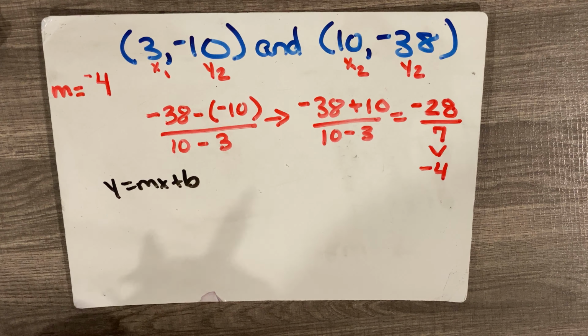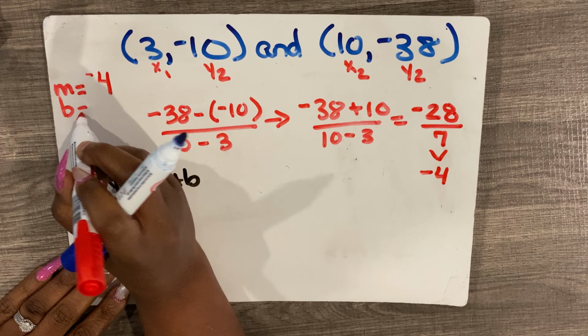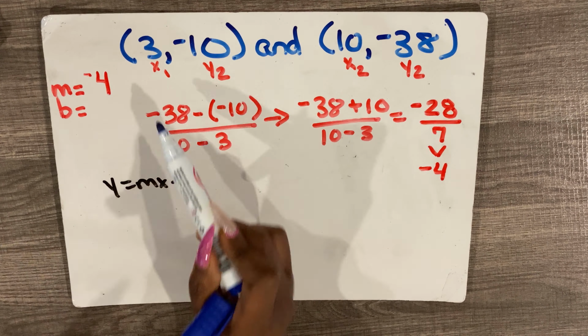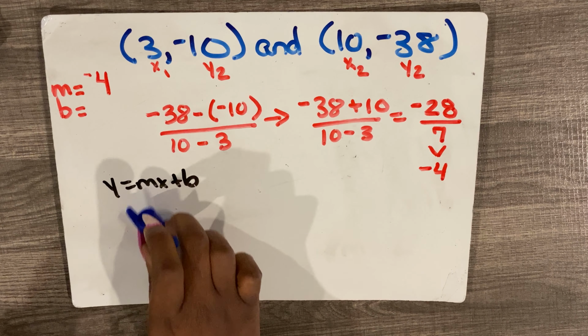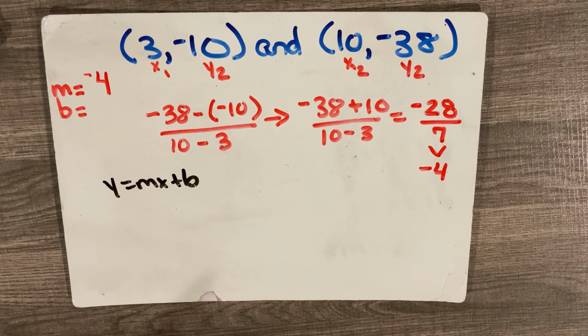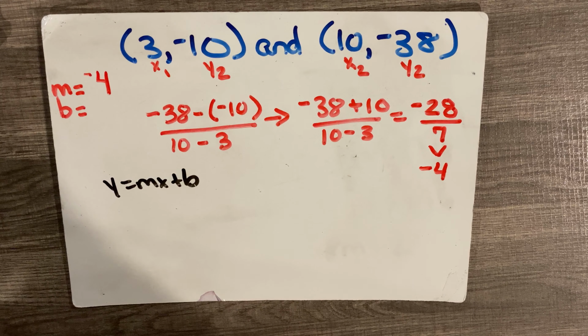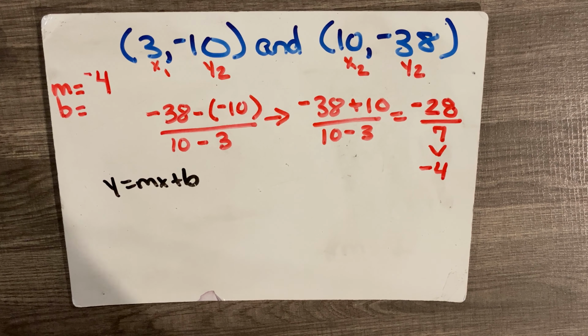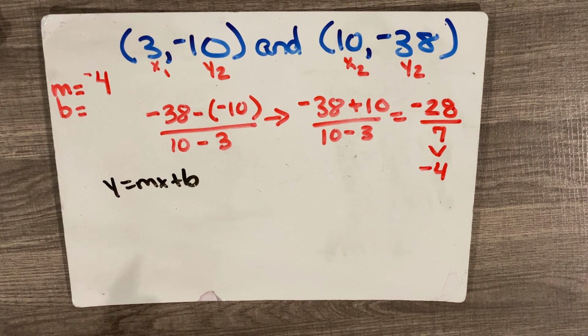I have to find what b is going to equal. They did not give me a set of points where x is 0. So because they did not give it to me, I have to find it. I have to use my brain and figure it out. This is how you do that.